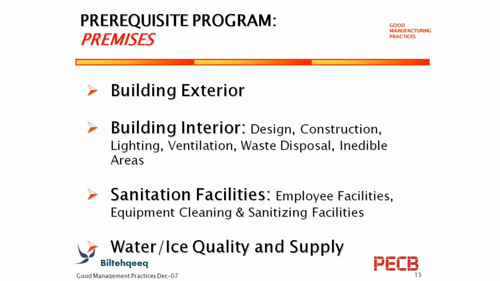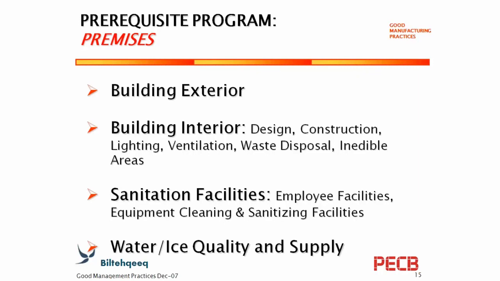And the other is the building interior: the design, the construction, the lighting, the ventilation, the waste disposal, and inevitable areas. Because when you are going to set or arrange your operation for the food management system, you have to be more conscious.